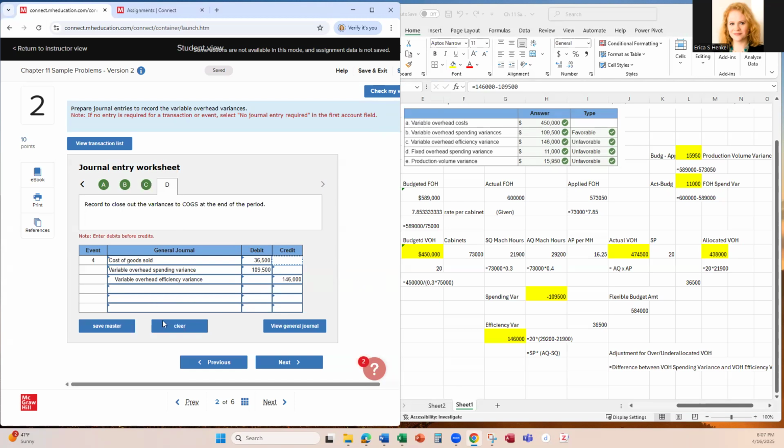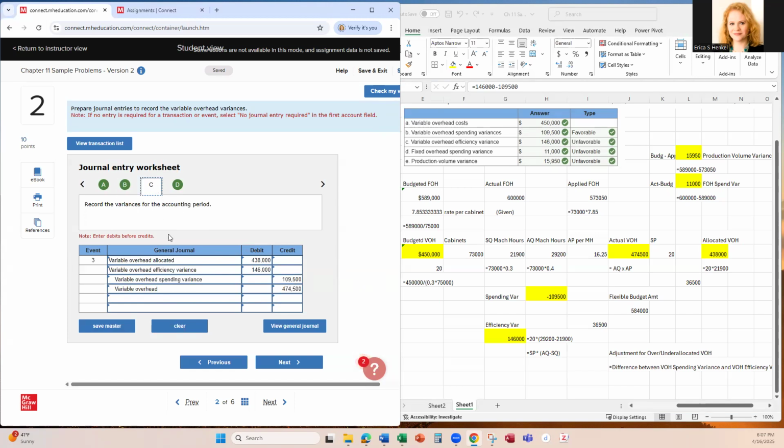So that's all we had to do for these entries. We have a process that starts with recording all of these expenses when they are paid, crediting them to accounts payable, and then plugging them into this variable overhead account. And then we allocate overhead out by crediting variable overhead allocated and debiting work in process.